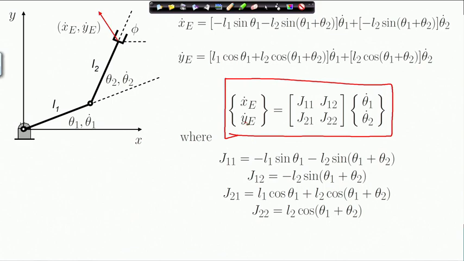On the left I have the end effector velocity vector, and on the right I have a relation through the Jacobian to the joint velocity vector, where the elements of the Jacobian for the 2R manipulator have been written out. This we have discussed already.